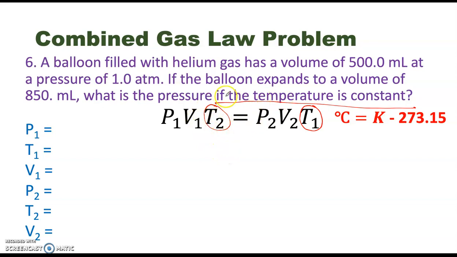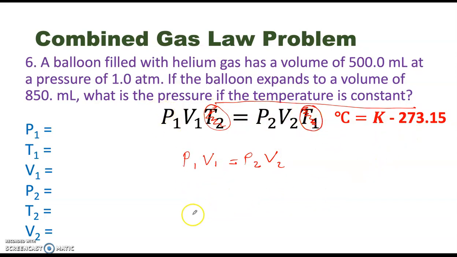So the nice thing, if any of the variables are held constant, is that you just get to take them out. Don't even put them in. So then this equation becomes P1 V1 equals P2 V2. You can ignore the temperatures. If temperature is held constant, you get to take it out.